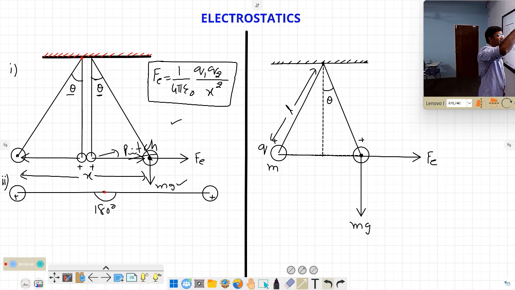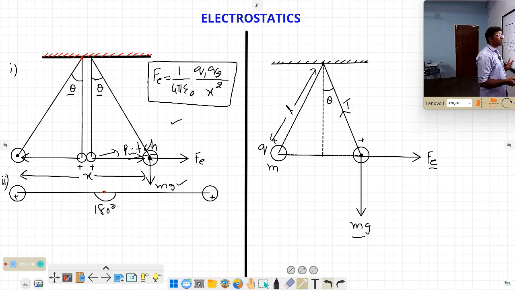We consider the string as a massless string, so I can indicate the direction of the tension in this direction. So three forces are acting on this body. According to Lami's theorem, whenever a body is in equilibrium under three forces, you can apply Lami's theorem. Here tension is one force, Fe is another, and mg is another.